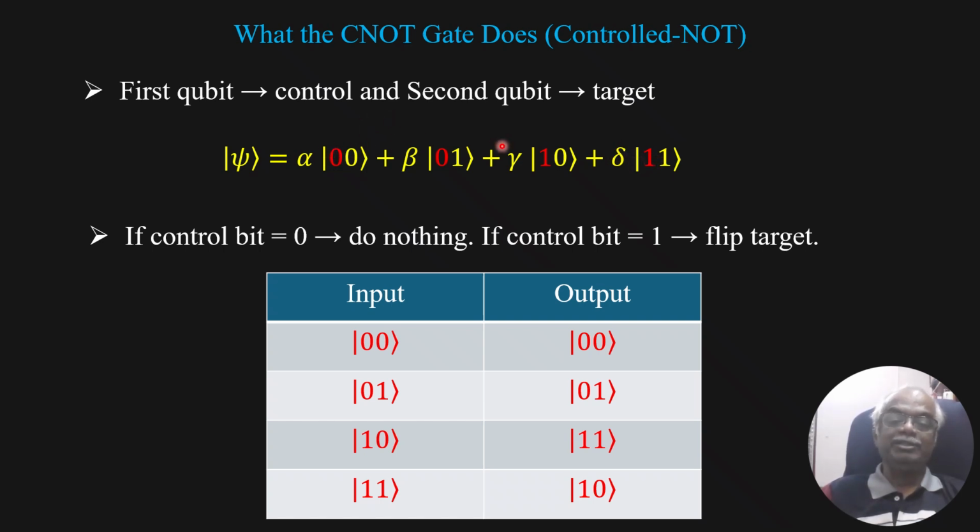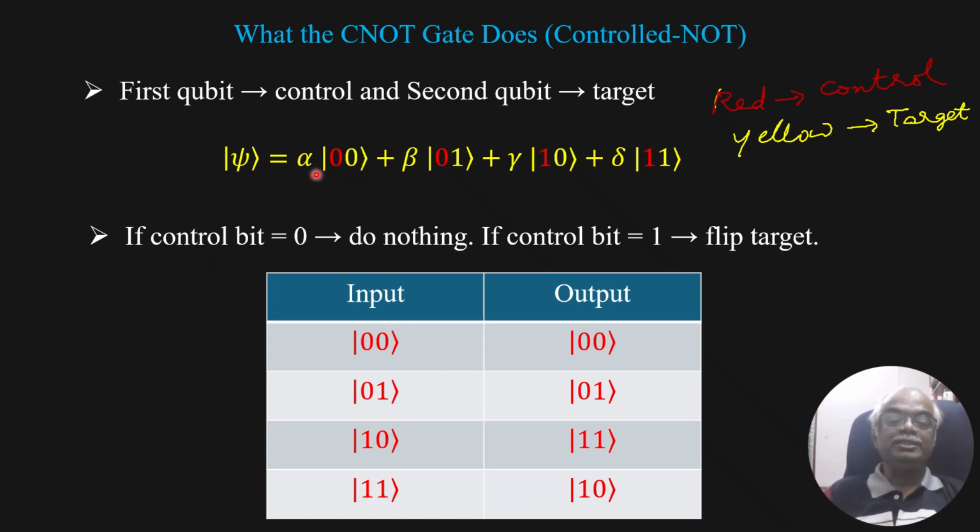Here, the first bit, which I have shown in red color, is the control bit, which controls the output of the CNOT gate. Red is the control bit. Then yellow color is the target, on which this control bit acts. So the yellow one is the target.